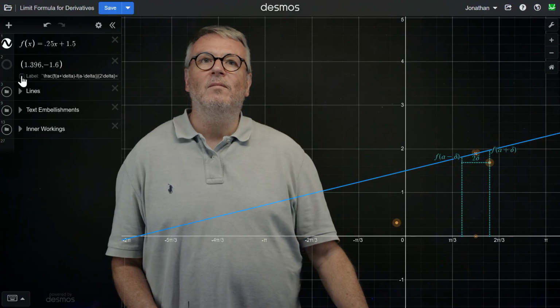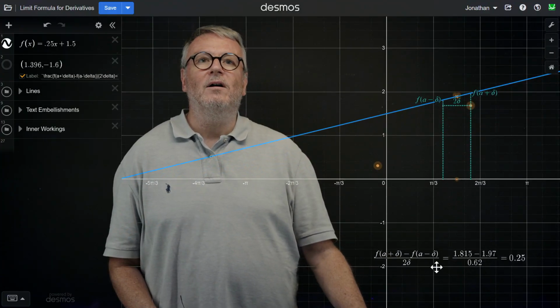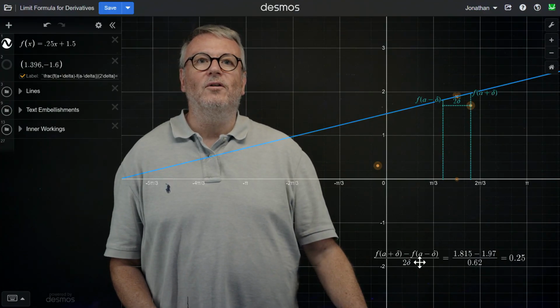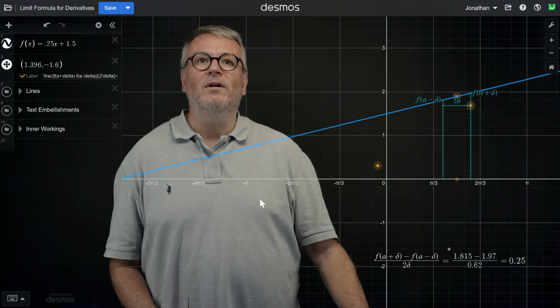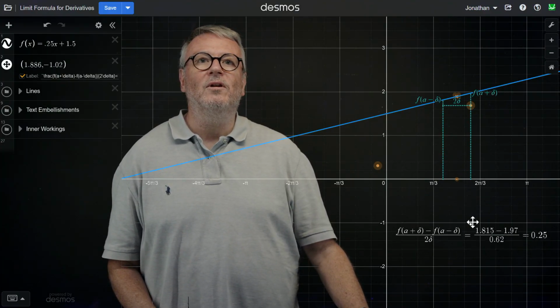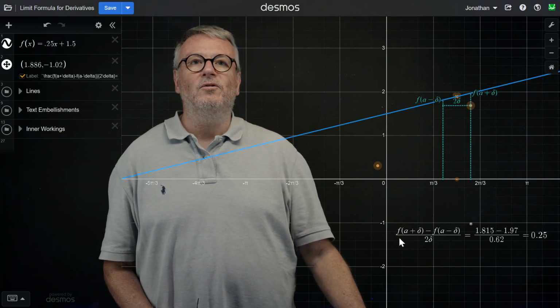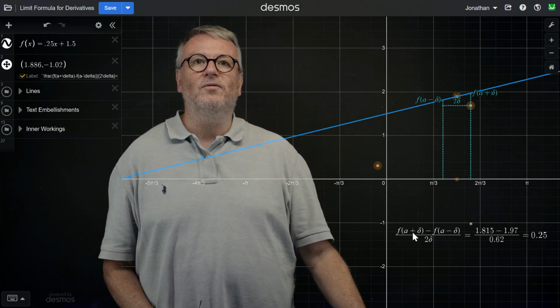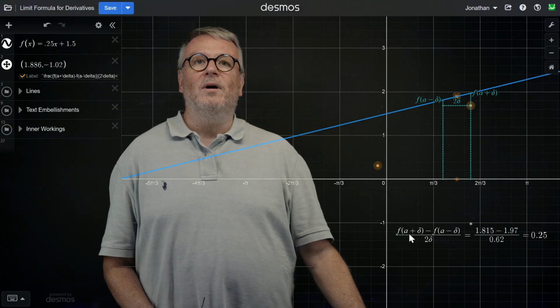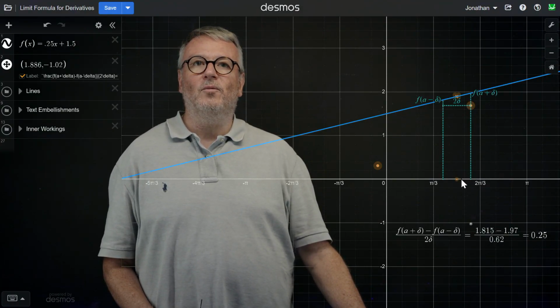Now, I've actually put down here the calculation. This is our run and rise type calculation. I take the height at whatever the function gives us for the point that I'm interested in, but I'm moving a delta to one side.